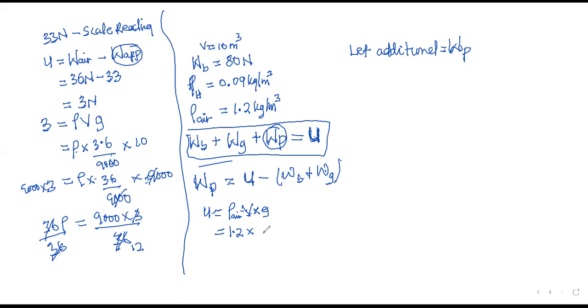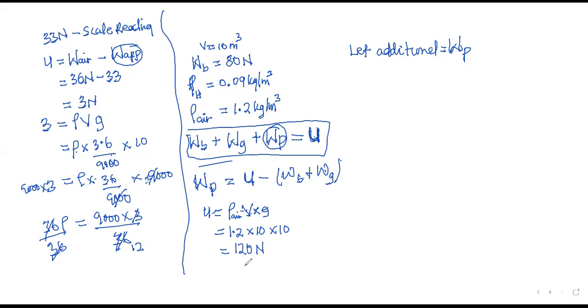Is there any reason why you think it will be 10? Because the volume of the balloon is 10 meter cube. So, yes, the object will displace a volume of air which is equal to its own volume. So 10, thank you. Times acceleration due to gravity, which is also 10. Therefore, the upthrust will be equal to 120 Newton.